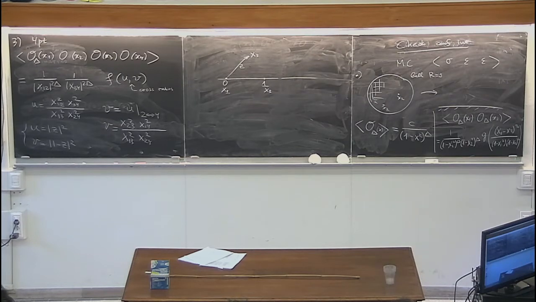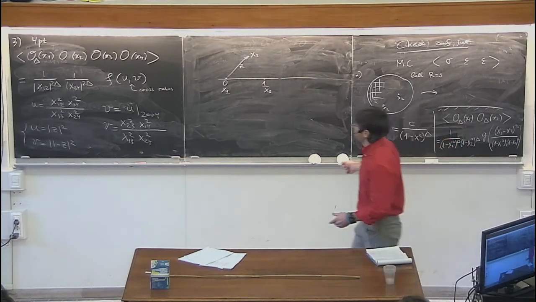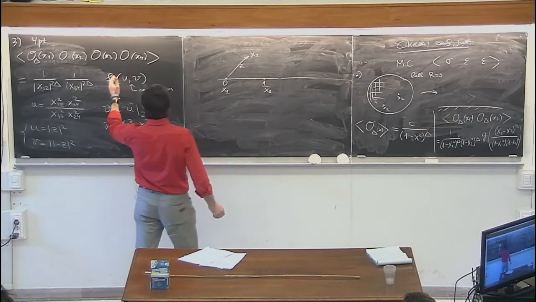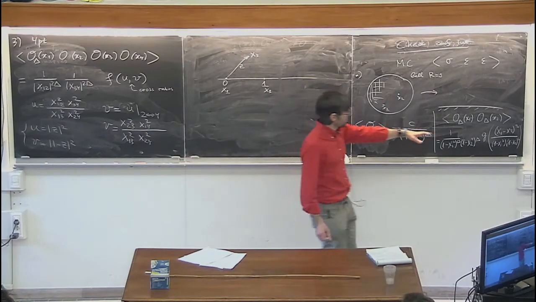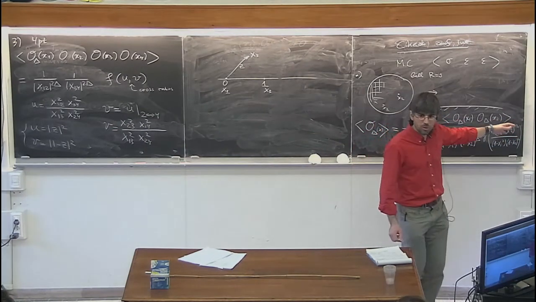So you see, here we had some arbitrary function of cross ratios, and here we also have some function of an object which you can also call a cross ratio, but for the ball geometry.